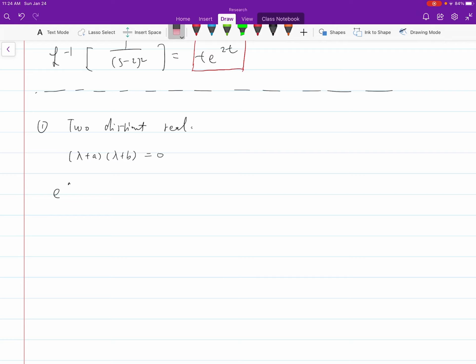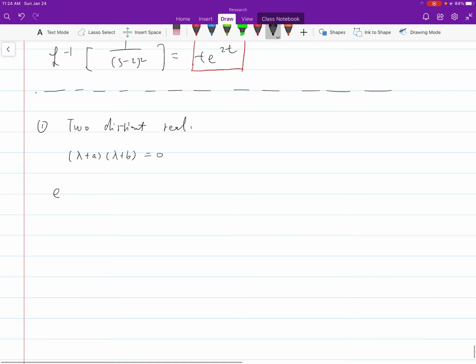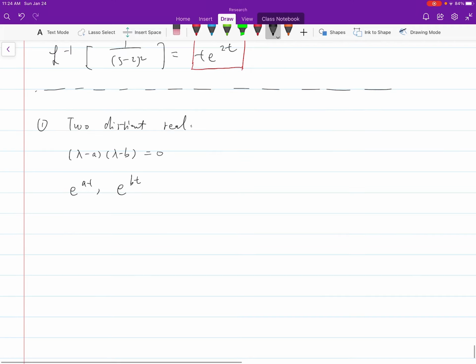That will give us lambda to the negative at. Let's use minus to make it. That's what I get from eigenvalues and eigenvectors, right?